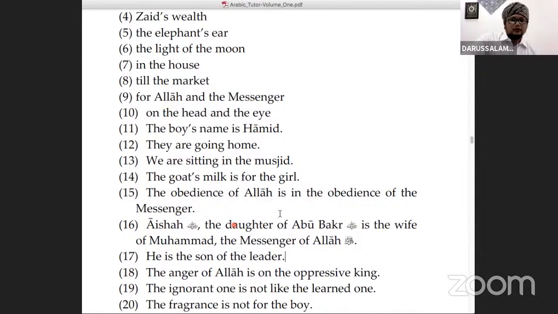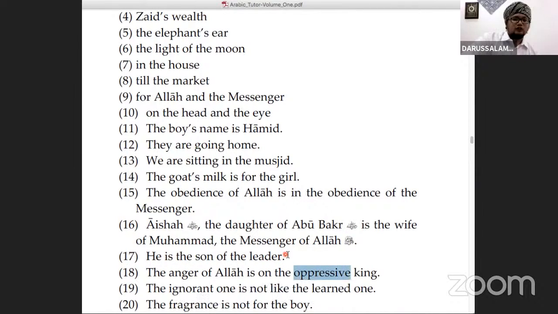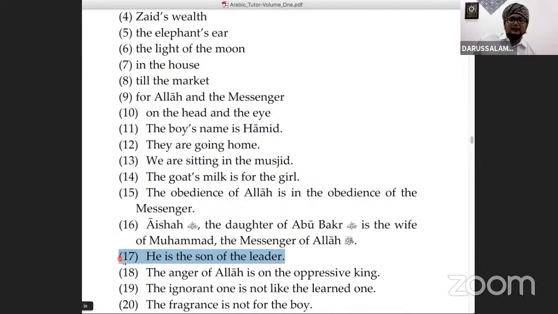Waladul amiri. Okay. Understand? Waladul amiri. He is the son of the leader.